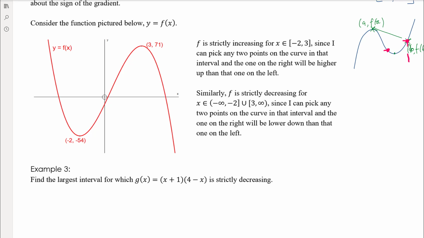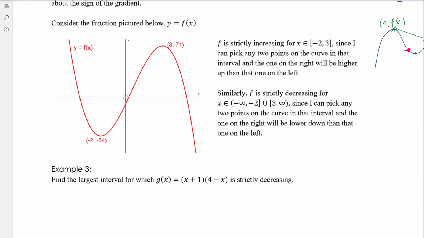Okay, it will still be true. -2 and this point here, the y value at -2 is lower than the y value at whatever that point is. I could pick this point here and this point up here at 3. Okay, the y value at this point is lower down than the y value at 3, and so therefore between that range of values, the function is increasing.